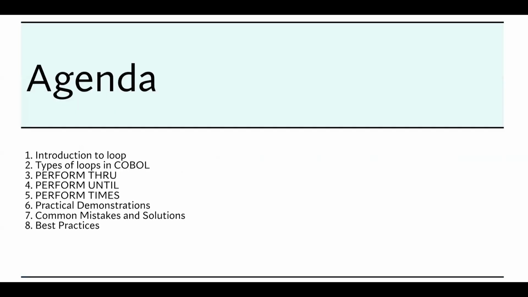Moving forward to the agenda for today. Here are the topics we will be covering. Firstly, the introduction to loops, what they are and why they are important. Then perform through, executing multiple paragraphs sequentially. Then perform until, running a block of code until a condition is met.